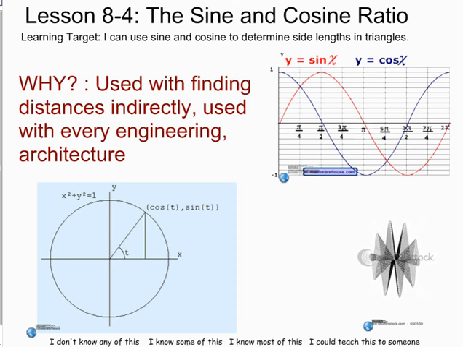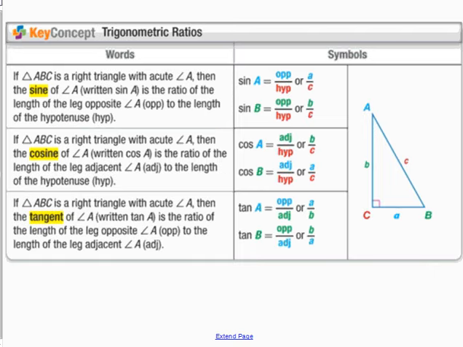Okay, so we're here in lesson 8.4 and we are talking about using sine and cosine to figure out the sides of triangles. And this is going to be something that you're going to be doing for a long time now, so let's learn this effectively. Okay, so we're looking at trig ratios.